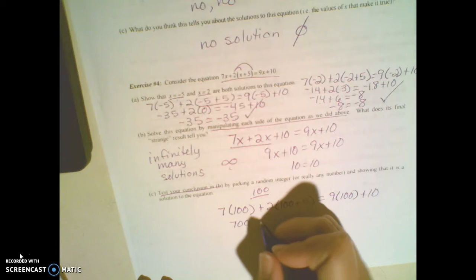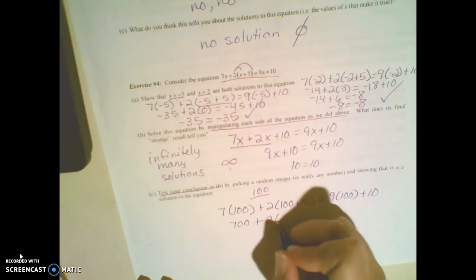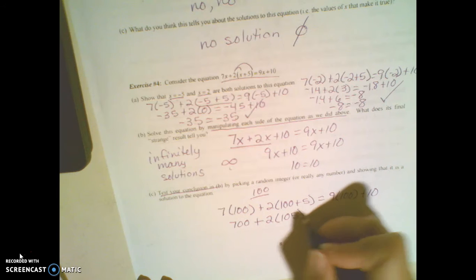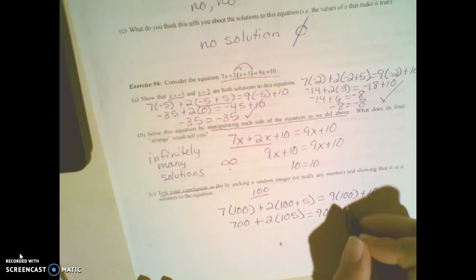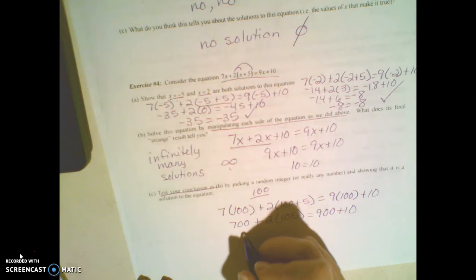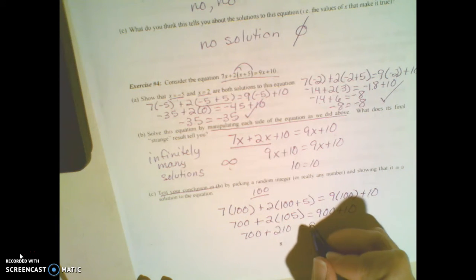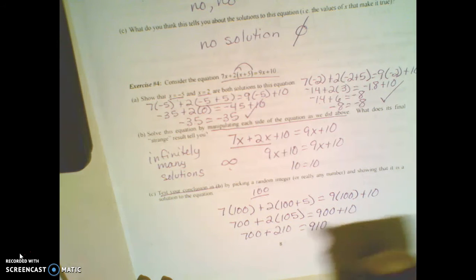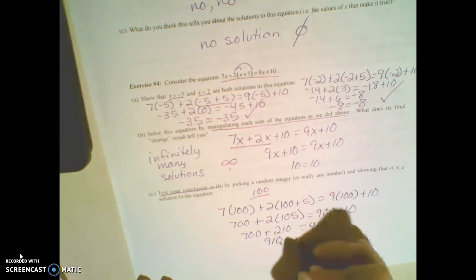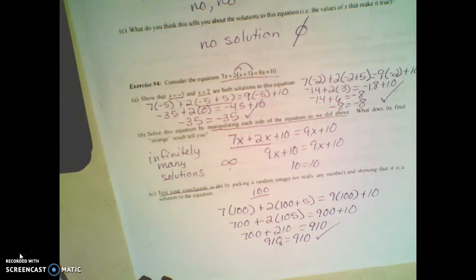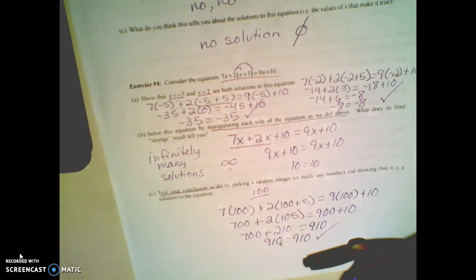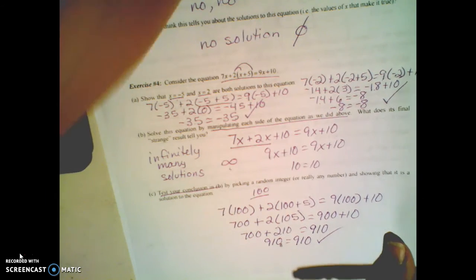So I've got 700 plus 2 times 105 equals 900 plus 10. And then that gives me 700 plus 210 equals 910. So 910 equals 910, and it does work. So any number that we put in there is going to give us equal numbers on both sides. They will all be a solution.